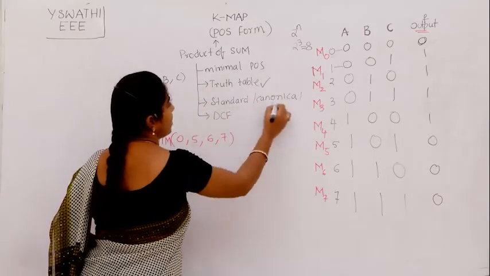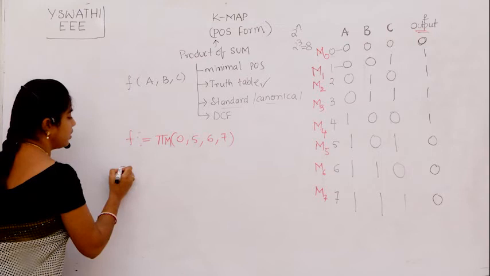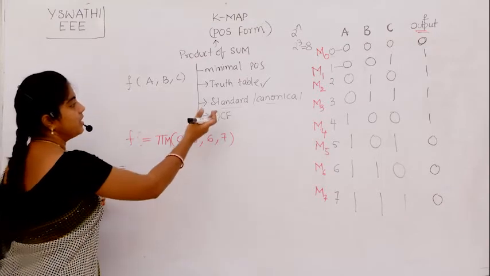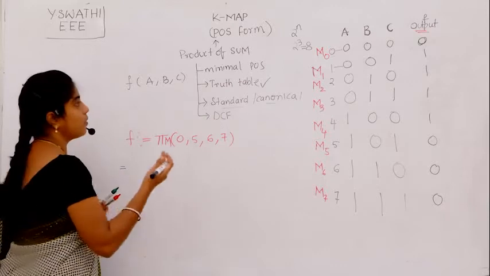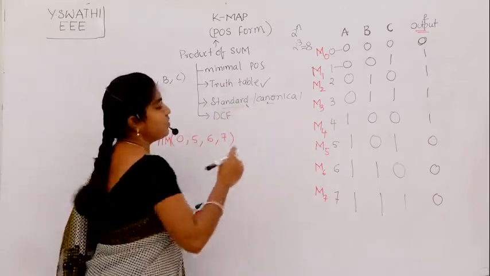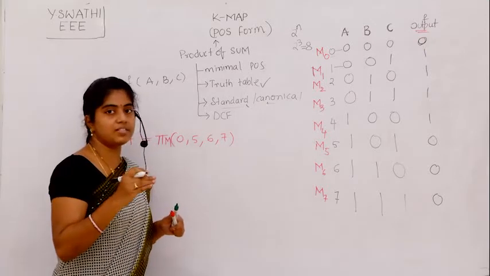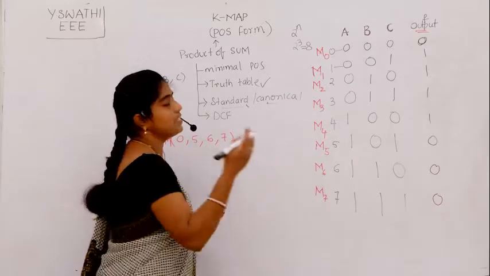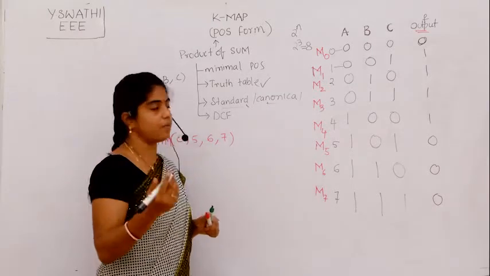What is the standard canonical form? We can represent it in terms of the number of variables or literals. In the standard form, every max term contains all the literals, all the variables, either in complemented or uncomplemented form.